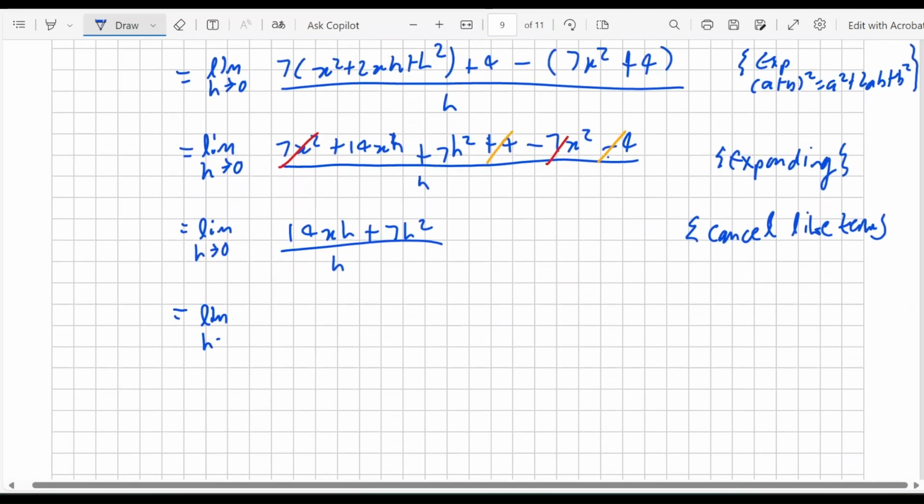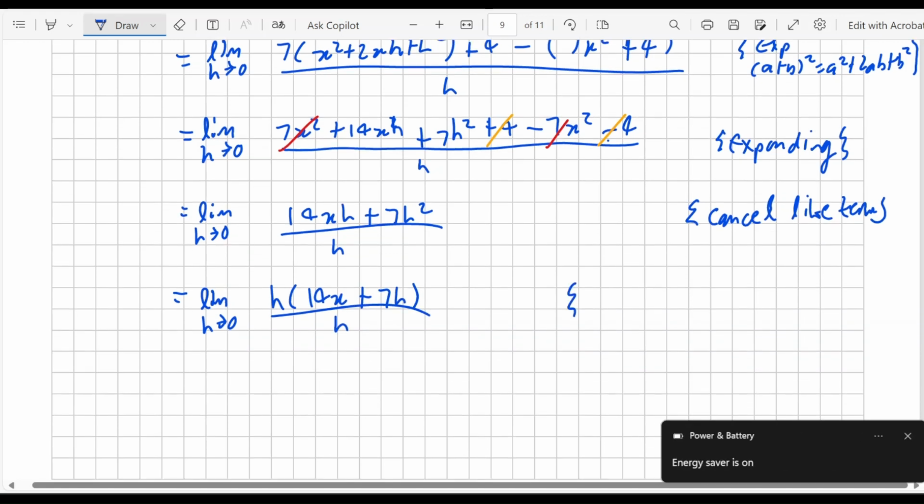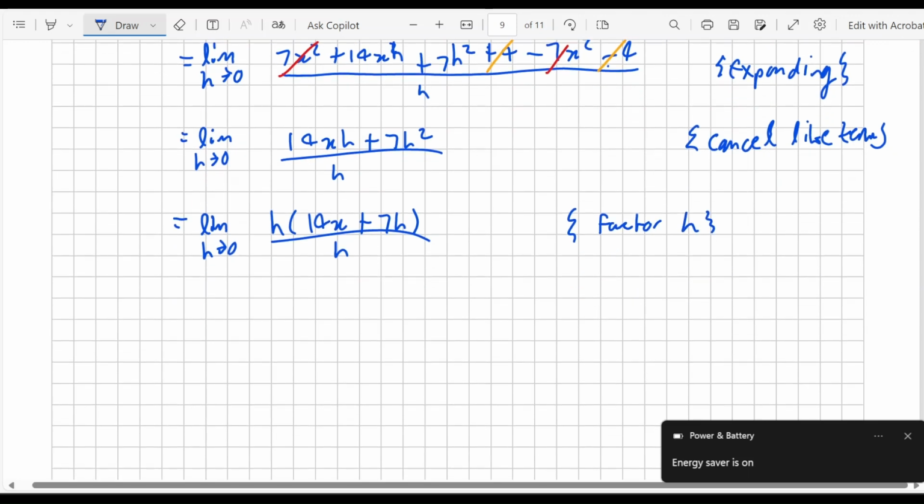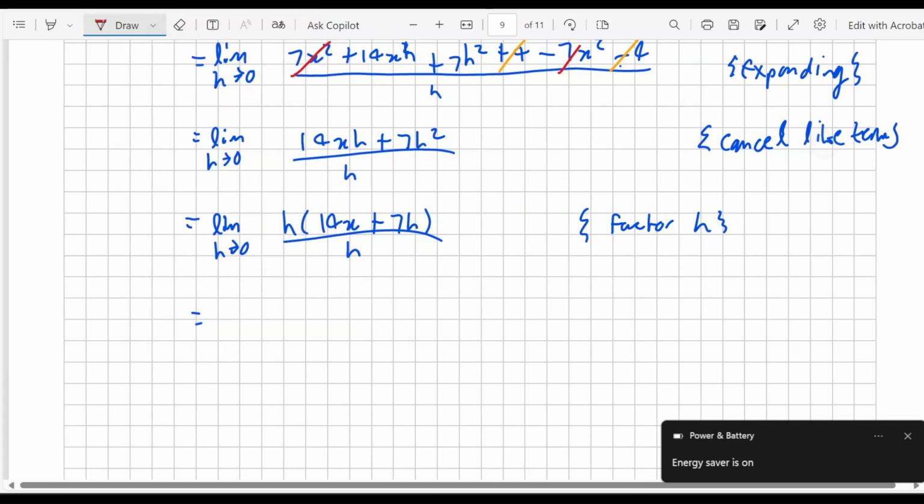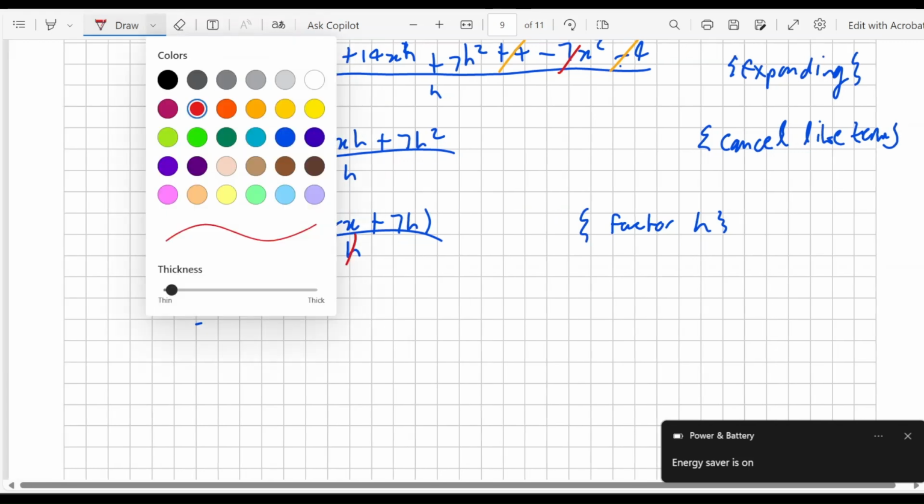So the limit as h goes to 0, h can come out, you're left with 14x plus 7h all over h. Now this is basically factor out h, and then h will cancel off the top and the bottom. So there it goes.